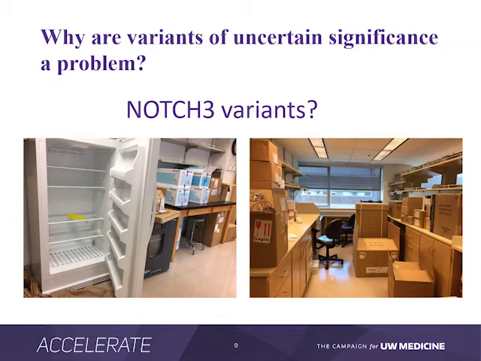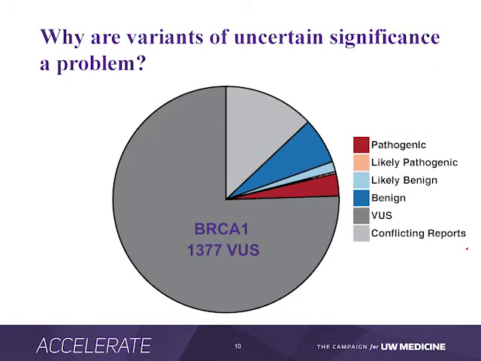So I'm going to tell you about work I've done before on a very famous protein, so you might really understand why this is such a problem and why we would study BRCA1. BRCA1 is a gene that, when mutated, is associated with up to an 80% lifetime risk of breast cancer.